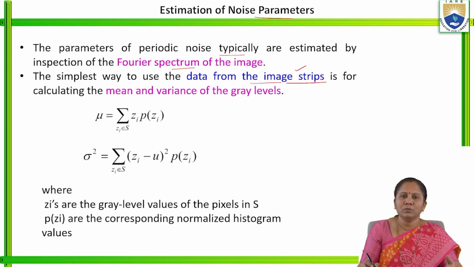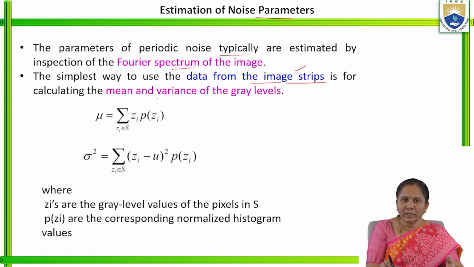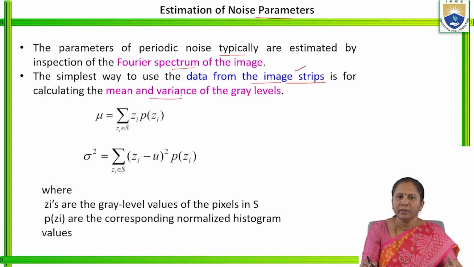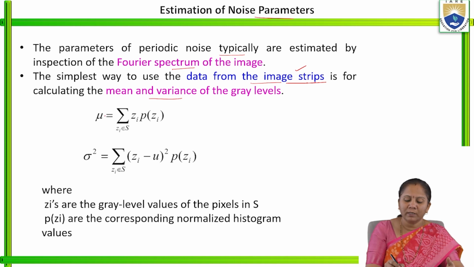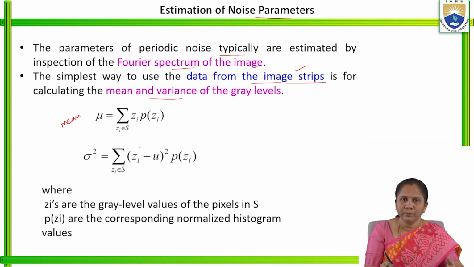First we have to consider the image strips for the input image, and for that we have to calculate the mean and variance of gray level. The formula for mean is given: mean is represented with mu, which is equal to sigma of zi belongs to S, zi into P of zi.